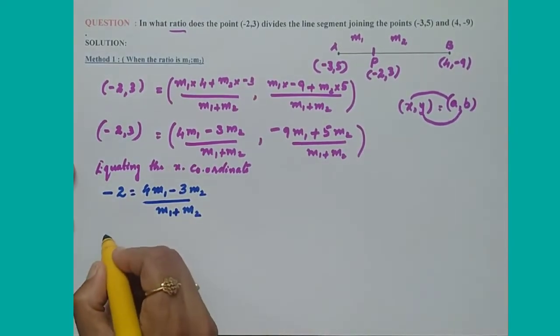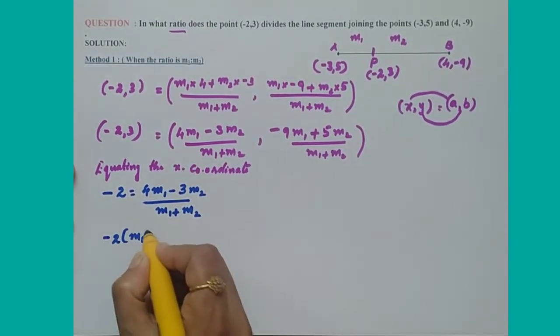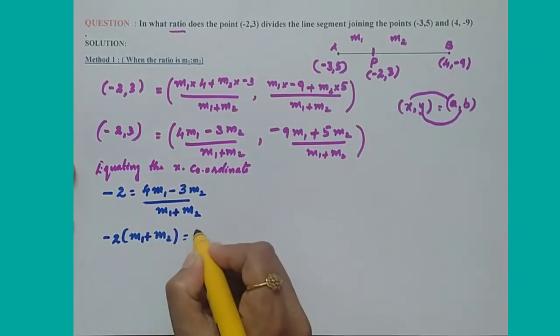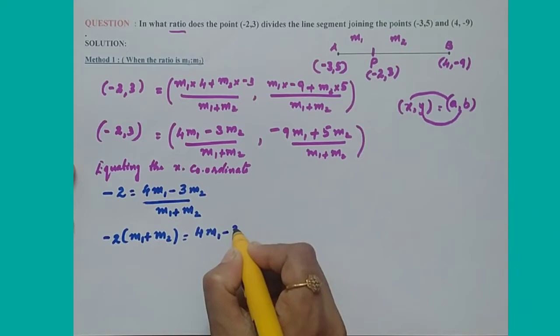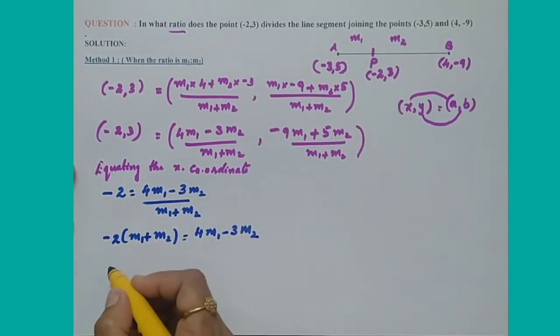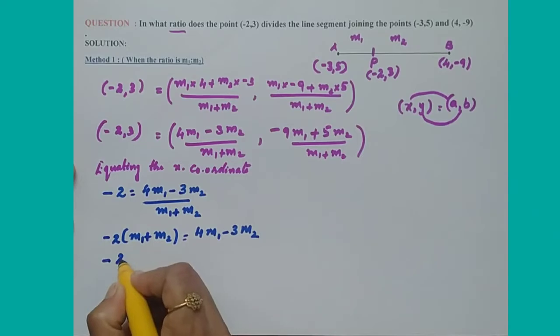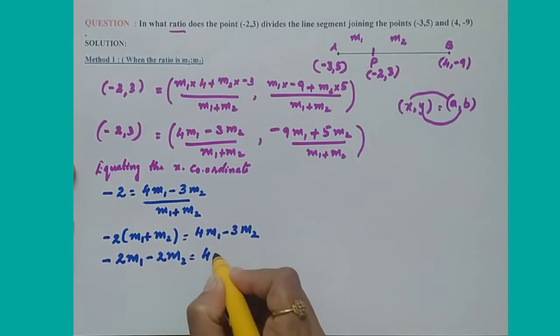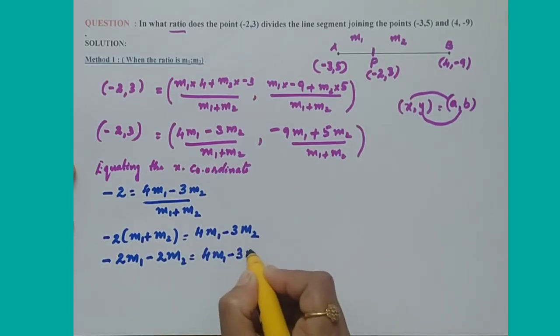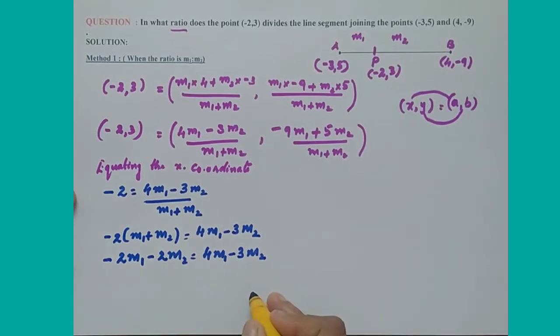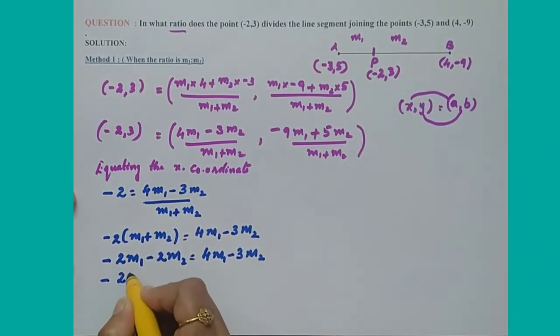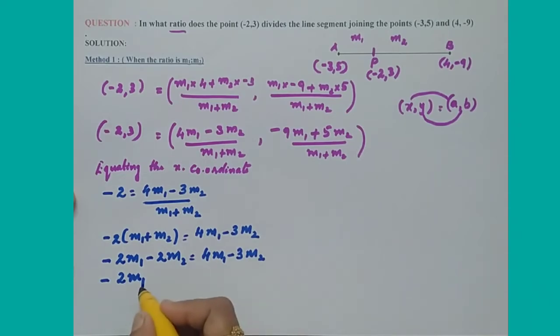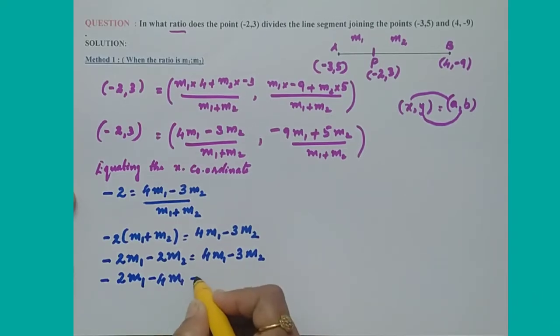That is -2 into (m1 + m2) equal to 4 m1 - 3 m2. Multiplying inwards, -2m1 - 2m2 equal to 4m1 - 3m2.